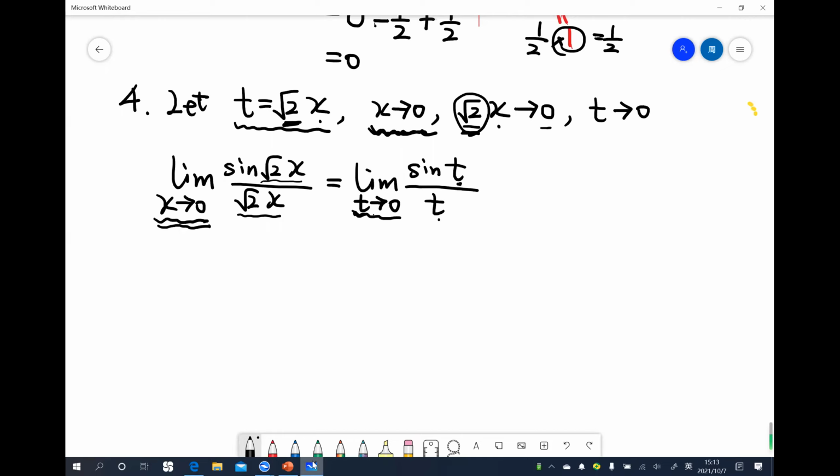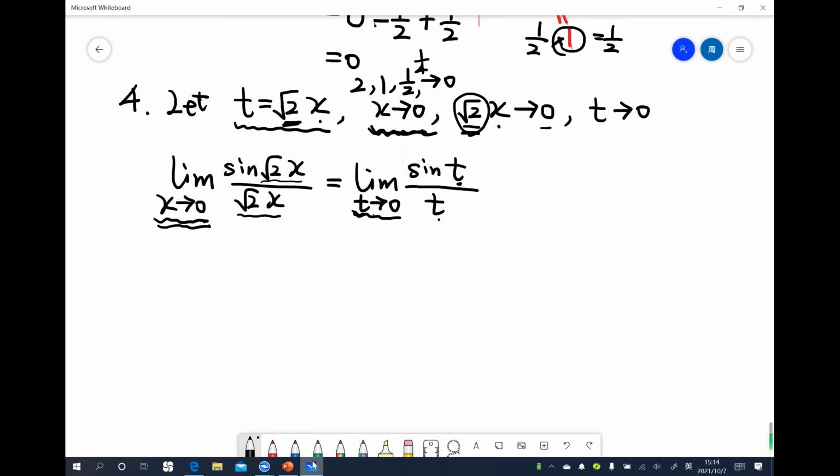You can take special numbers here. For example, if x is maybe 1, 1 by 2, that means approaches 0, right? Or next one maybe 1 by 4, and so on.